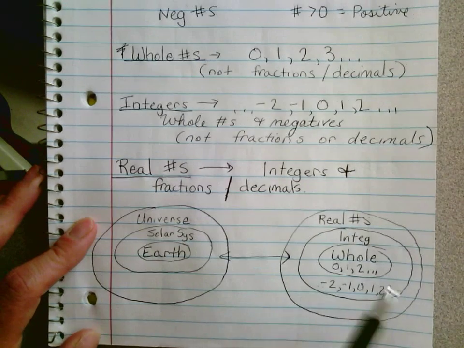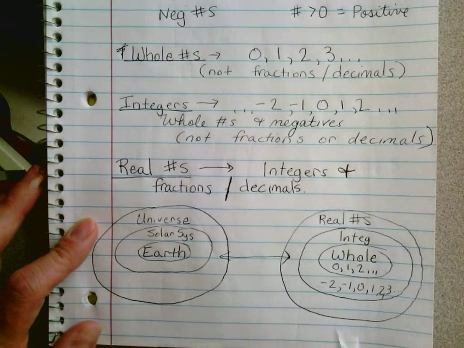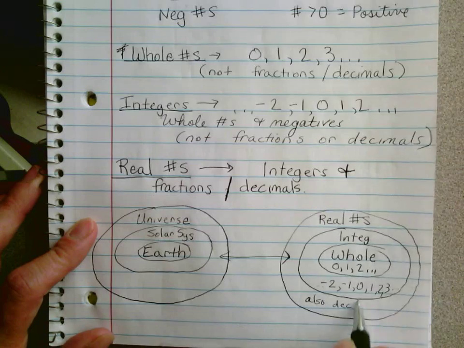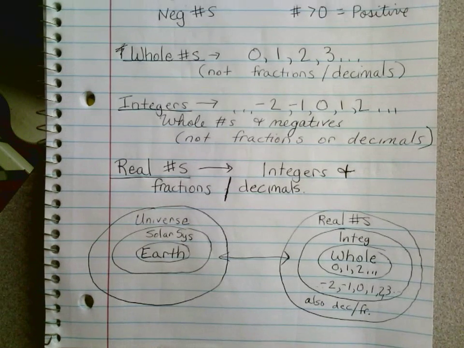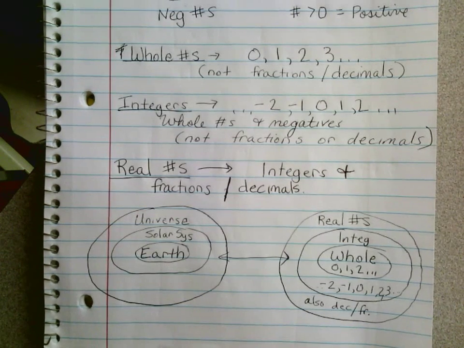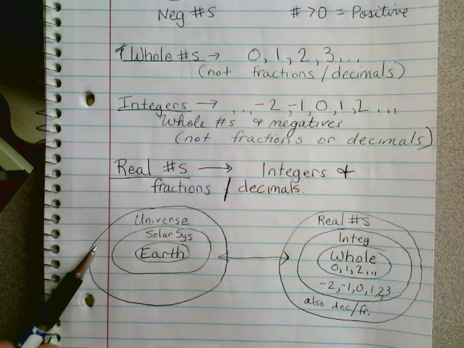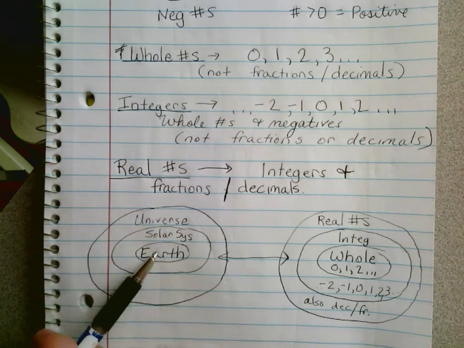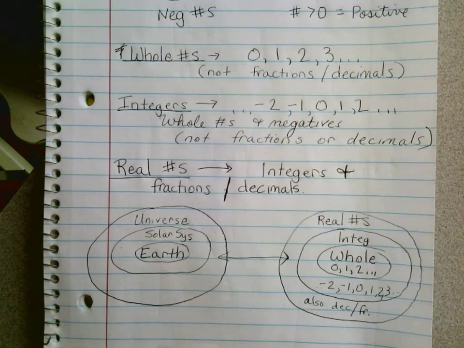Okay, real numbers includes wholes and integers, but also decimals or fractions. Okay? So the whole point of me drawing this is for you to understand that the Earth is in the known universe, right? The Earth is in the solar system. But there are objects in the known universe that are not on Earth, right? There are objects in the solar system that are not part of Earth, okay?